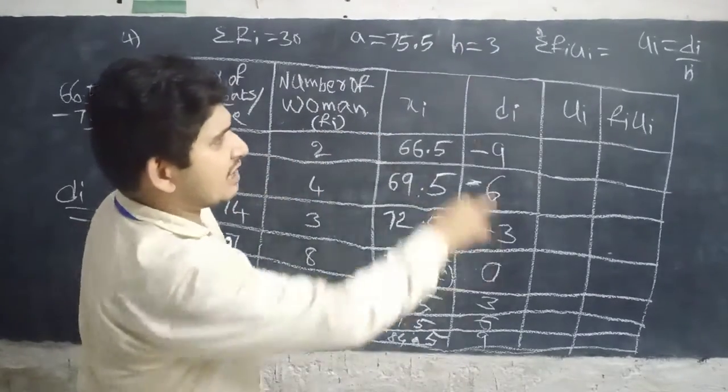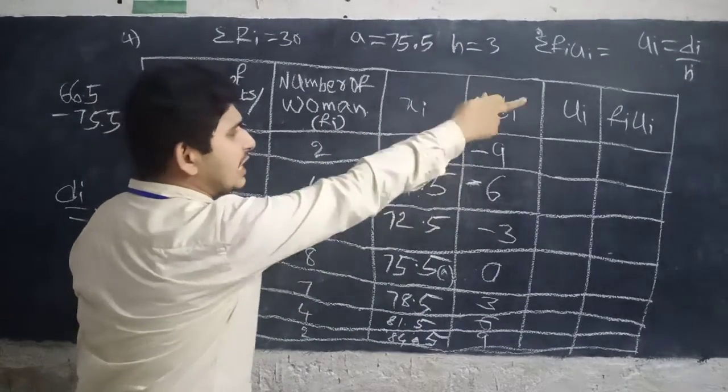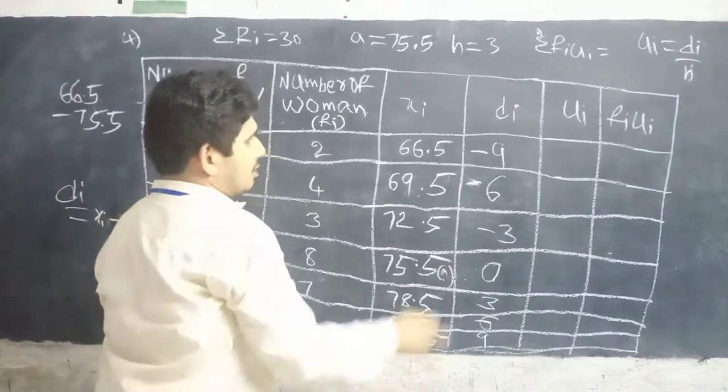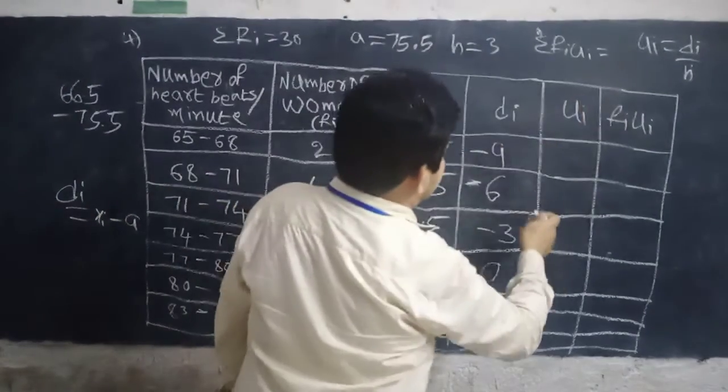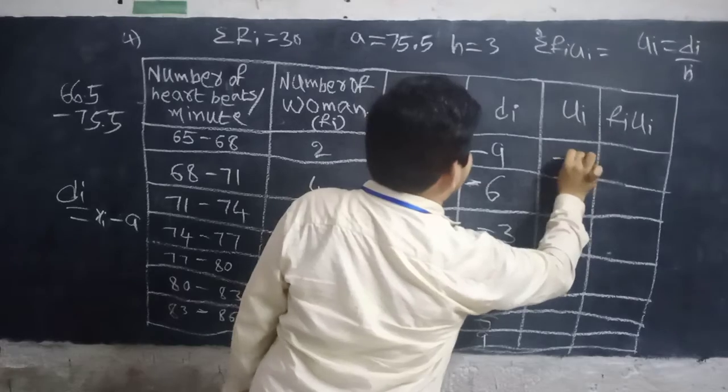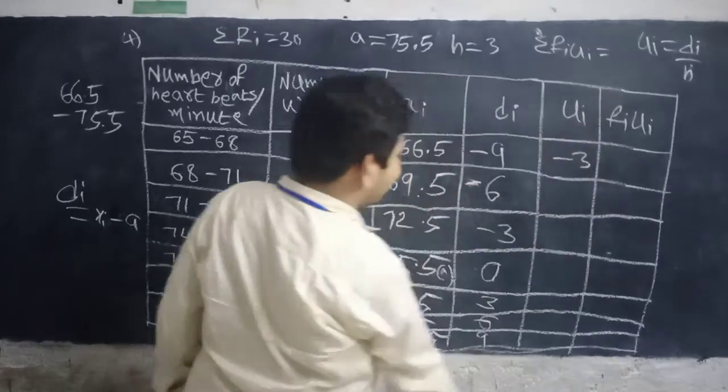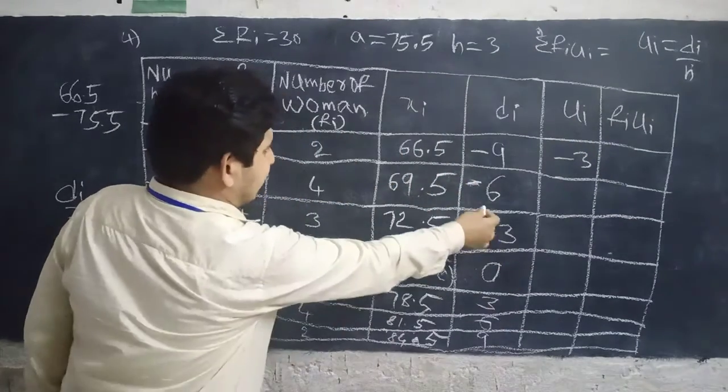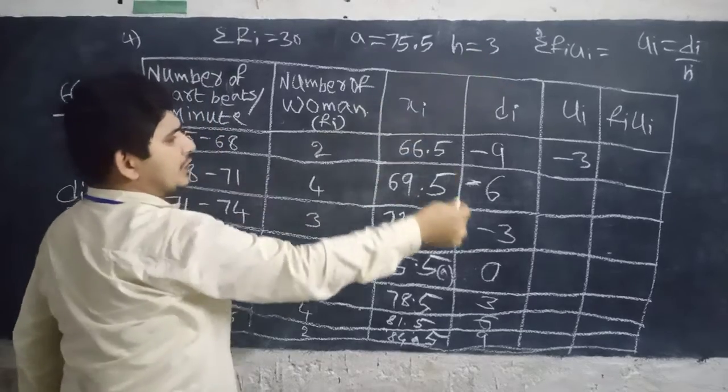Okay? Now ui equal to what? di by h. So minus 9 by 3 is minus 3. Minus 6 by 3 is minus 2.